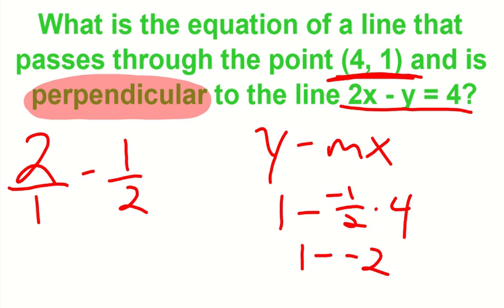So what's 1 minus -2? Three. You do same change, right? So that becomes 1 plus 2, that's 3. So we got y equals -1/2 x plus 3. Any questions on that?